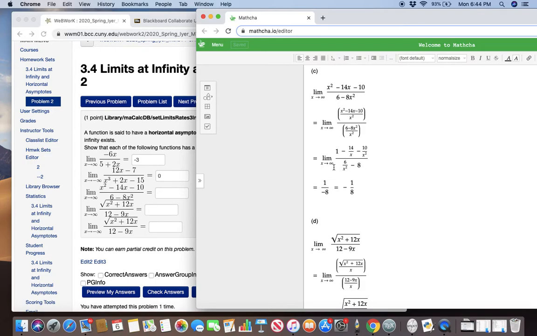Now, as x approaches infinity, each of these denominators gets larger and larger, so 14 over x, 10 over x squared, and 6 over x squared all approach 0. What survives upstairs? 1. What survives downstairs? Don't forget, negative 8. So overall, it is negative 1 over 8.